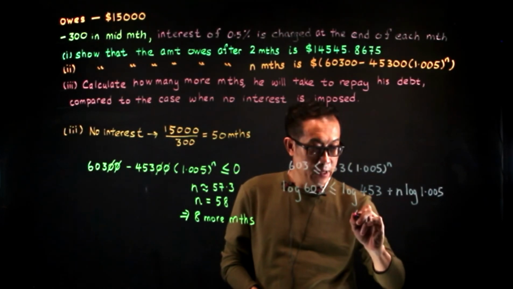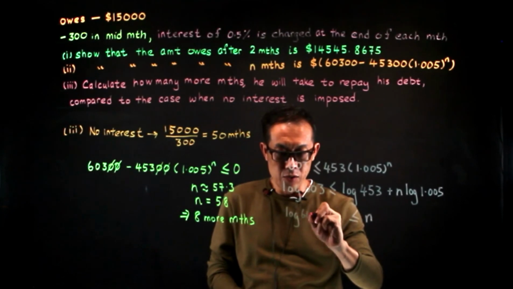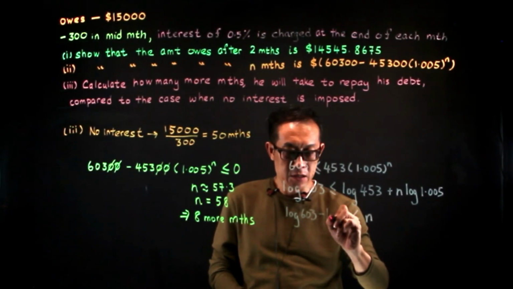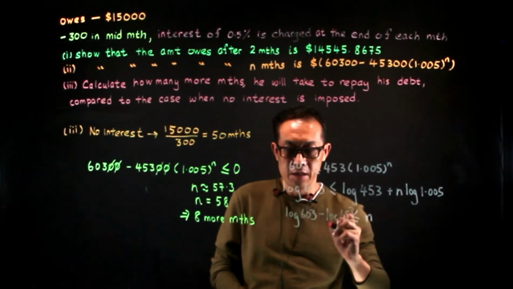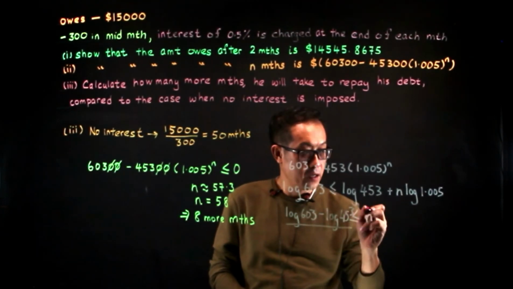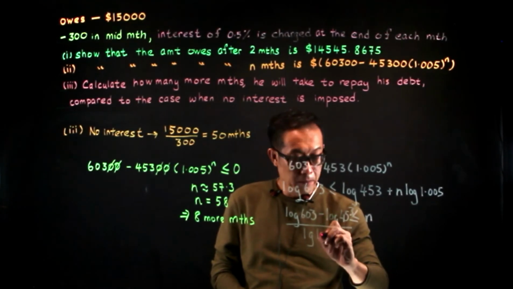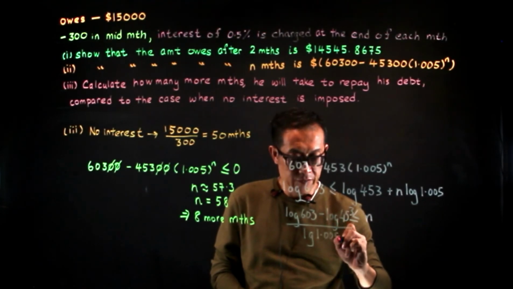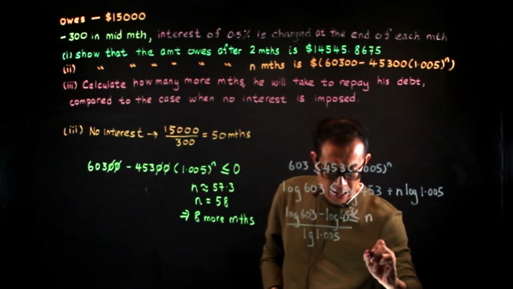So what is n? You find that n is simply log 603 minus log 453 over log 1.005. Okay, and you find that it's the same n.